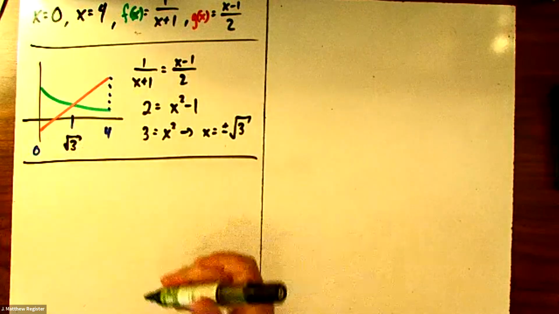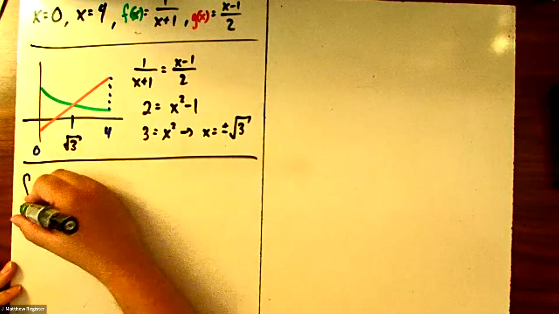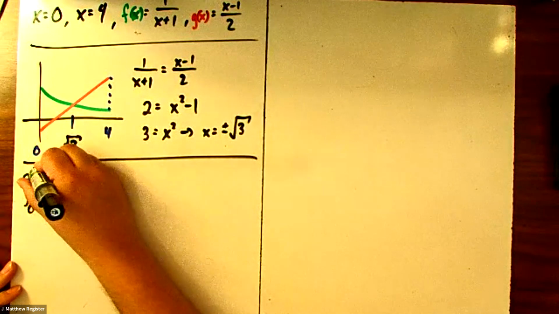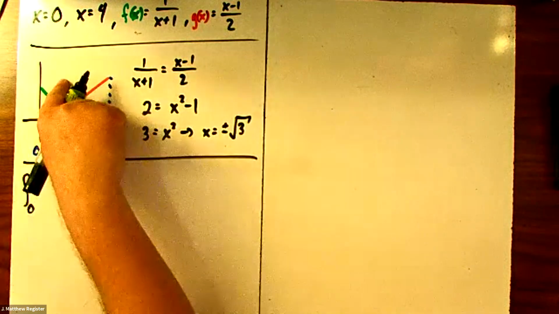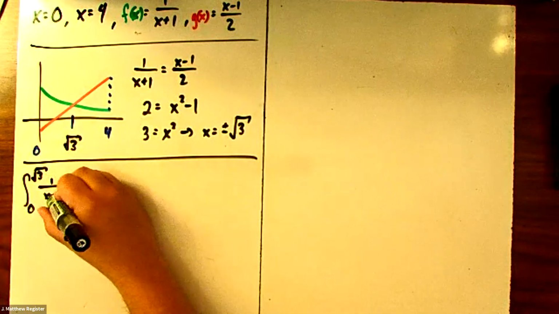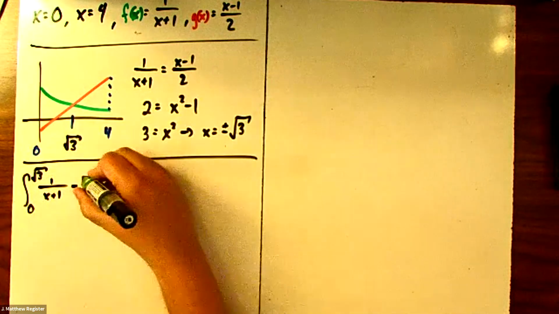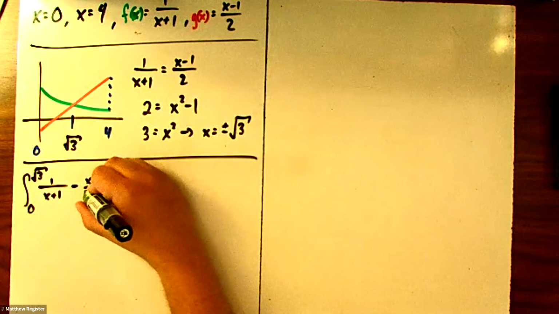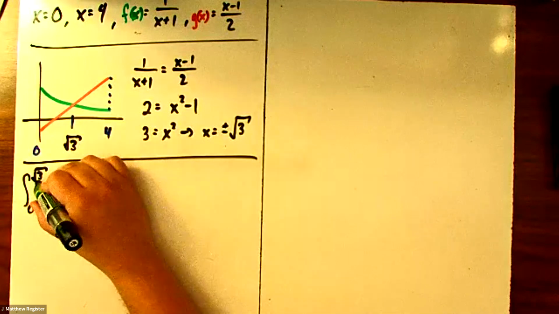And so we're going to be doing our first integral from 0 to the square root of 3. And it's going to be f minus g. So that is 1 over x plus 1 minus, I'll distribute everything and even clean this up a little bit. So that'll be minus x over 2, and then it'll be plus 1/2.